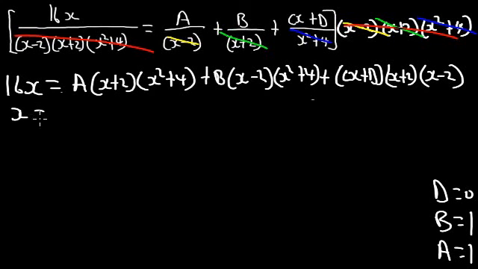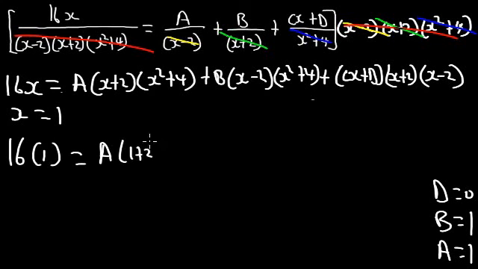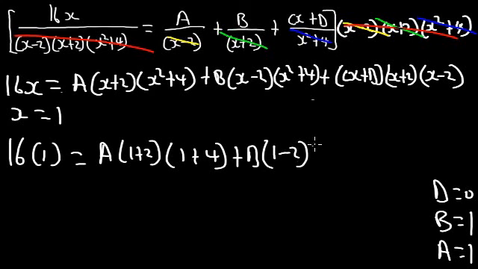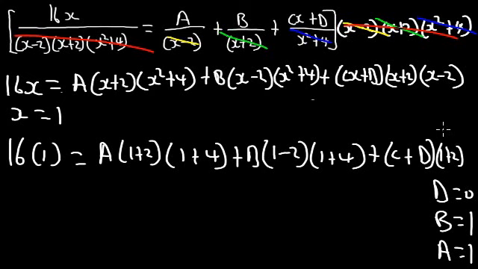So I'll use 1. 16 times 1 equals a in the bracket of 1 plus 2, in the bracket of 1 squared, which is 1 plus 4, plus b in the bracket of 1 minus 2, then multiplied by 1 squared plus 4, which is 1 plus 4, plus cx, which I'm looking for. Well, c times 1 is just c. Let me just write c plus d, which is 0, in the bracket of 1 plus 2, then multiplied by 1 minus 2.